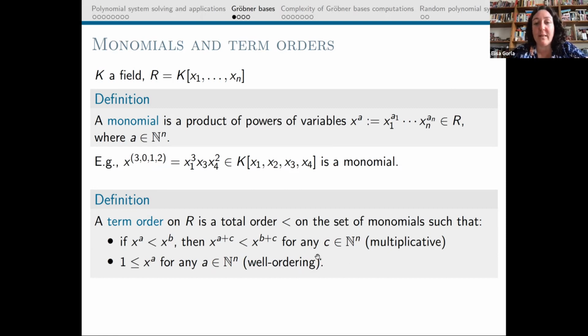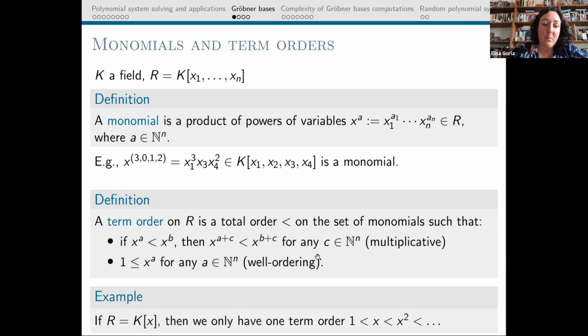Once you have this set up, I have some examples of term orders. If you have only one variable, there is no choice of order, because the rule tells you that 1 is less than x, and multiplying both sides by x, you get that x is less than x squared, and you keep going like this, so the powers of x are ordered in increasing degree.